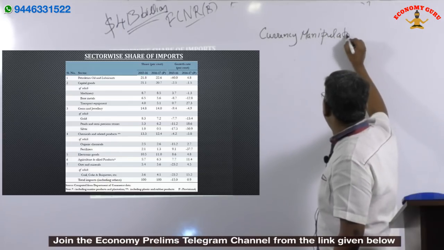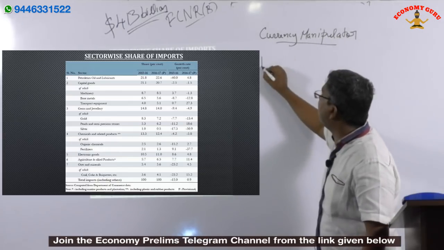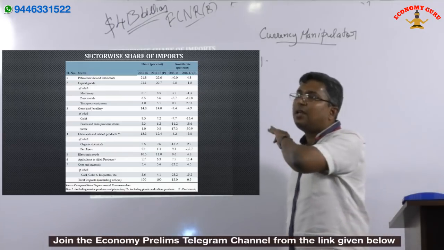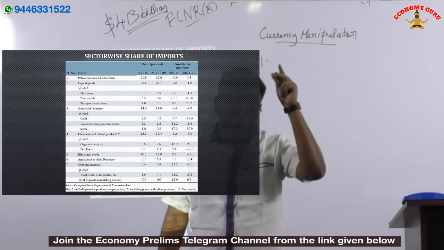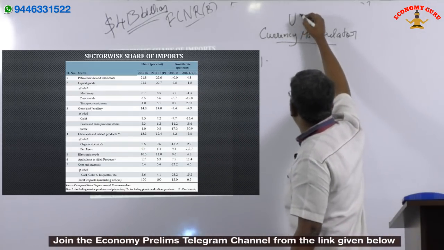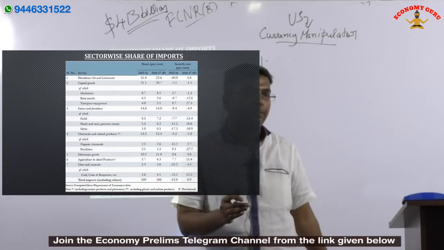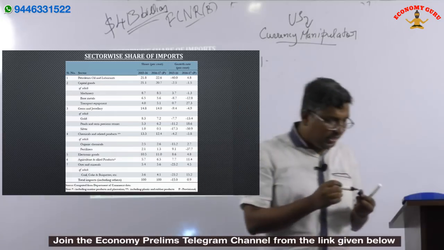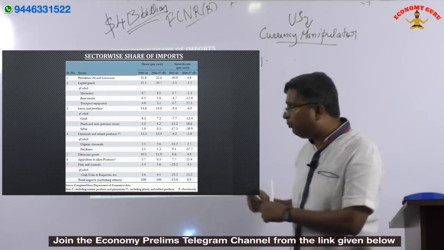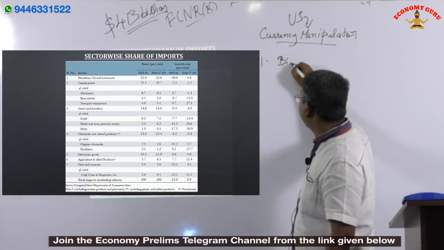Everything is in relation to the US, okay. So who is using this word? The US. So all the criteria are related to the United States. The first criterion is bilateral trade surplus.